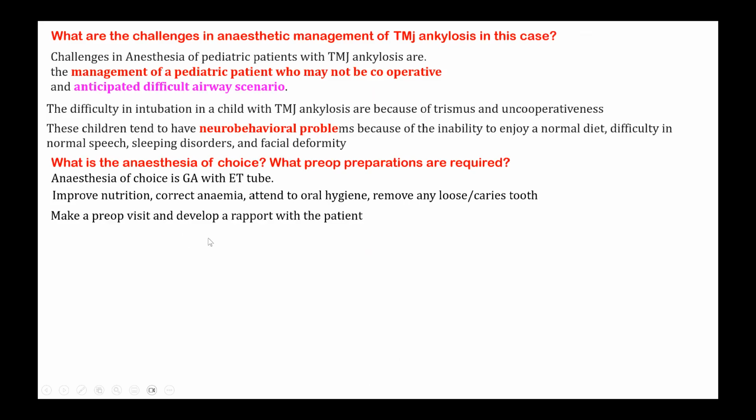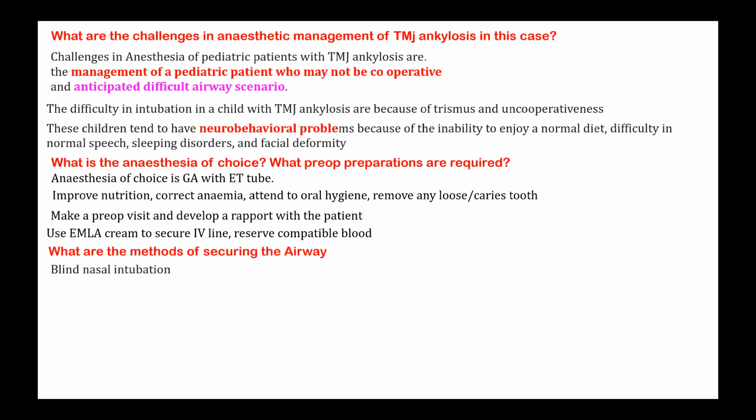Being a 5-year-old child, you can always talk to them and try to develop a rapport with the patient. You can use EMLA cream for securing the IV line, and also reserve compatible blood, because sometimes when they try to remove the fused bone, the pterygoid plexus of veins may get injured and there may be massive bleeding. So it is better always to reserve blood. You need not bring it to the OT, but it should be available on call.